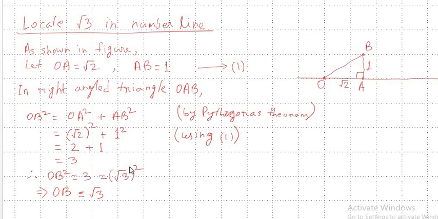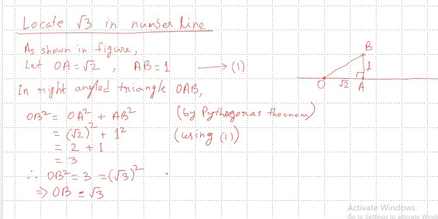Now it's very easy actually. For some students, I am just explaining this part. 3 can be written as root 3 square. Now look here, OB square, and here it is root 3 square.